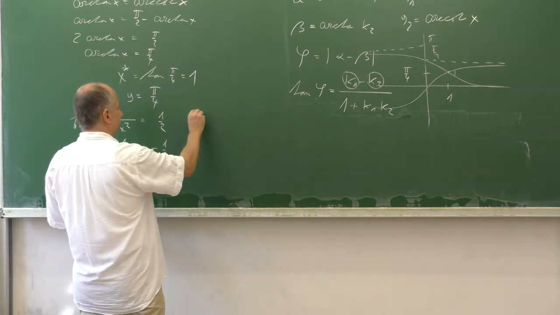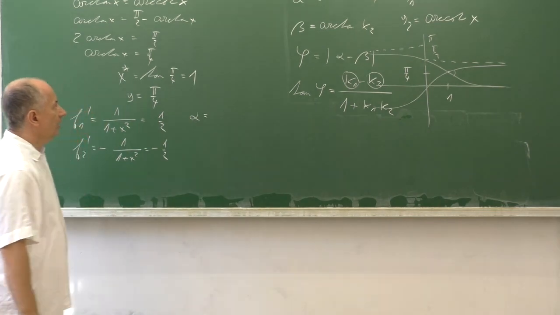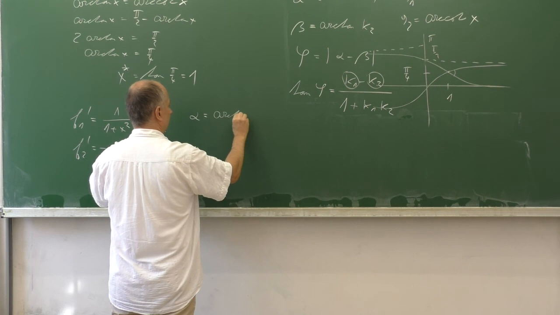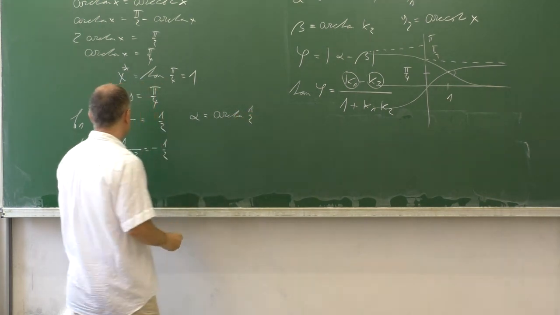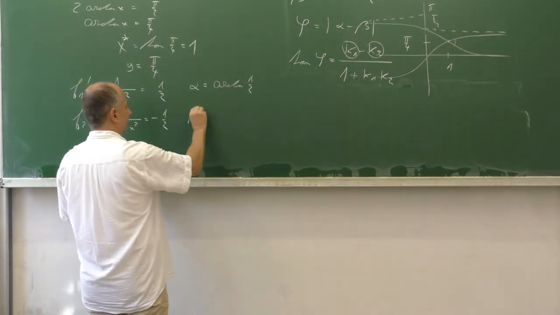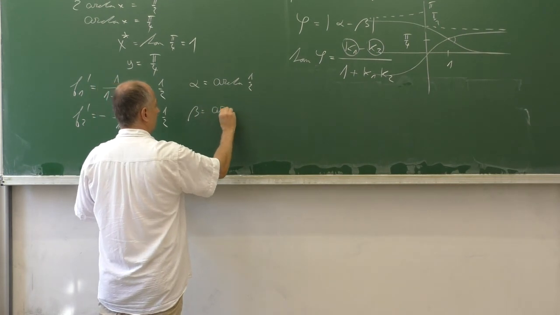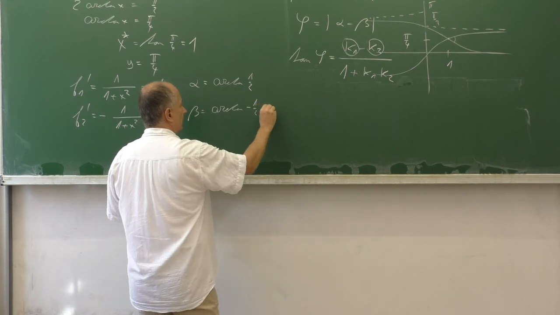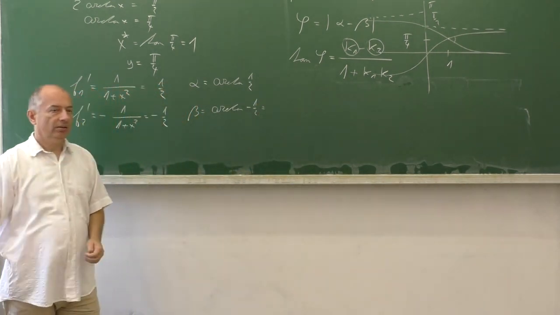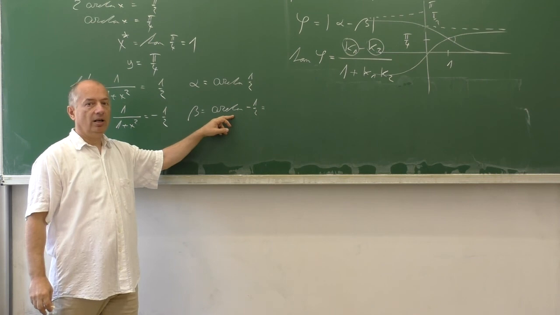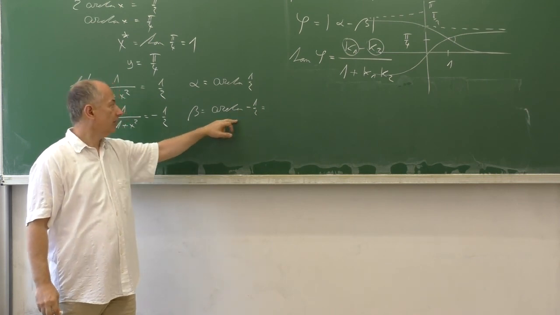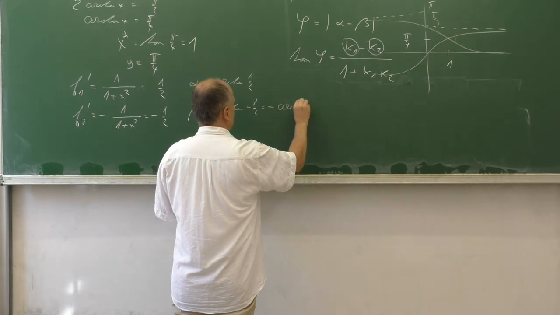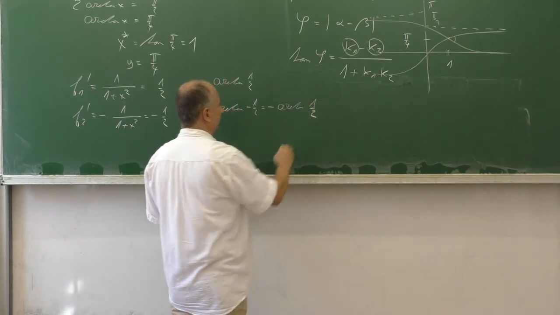So alpha is arctangent of 1 half, and beta is arctangent of minus 1 half, which, because tangent and arctangent are odd functions, we can write with the minus in front of the function, so we have minus arctangent of 1 half.